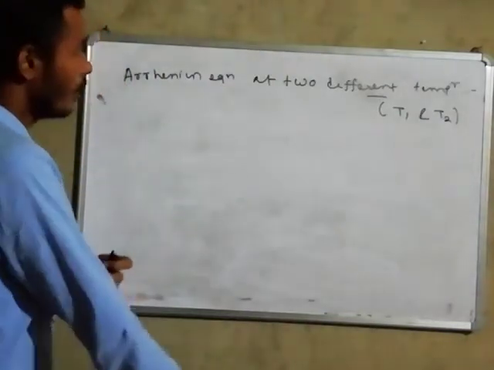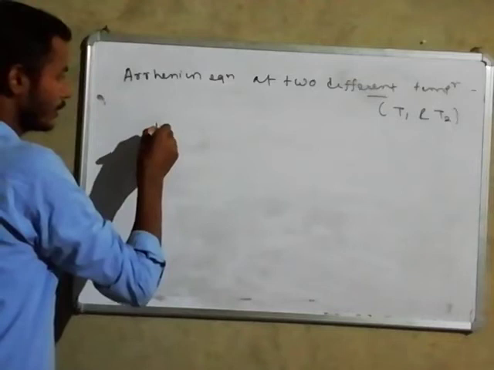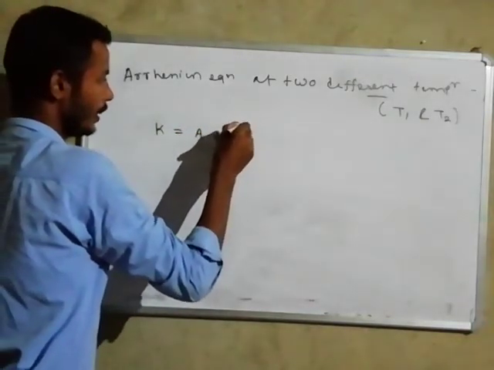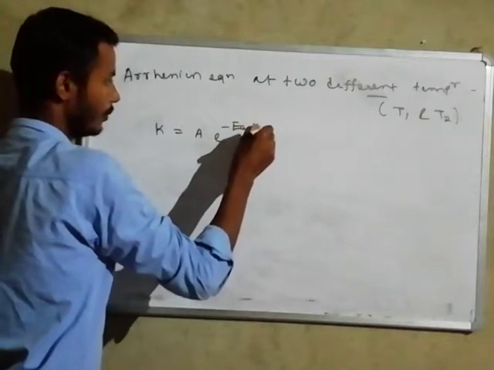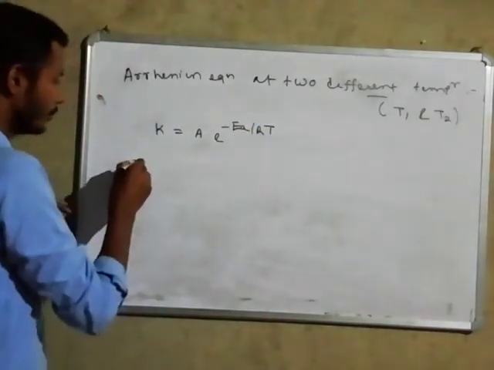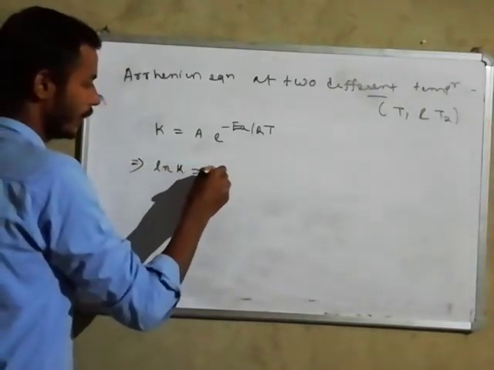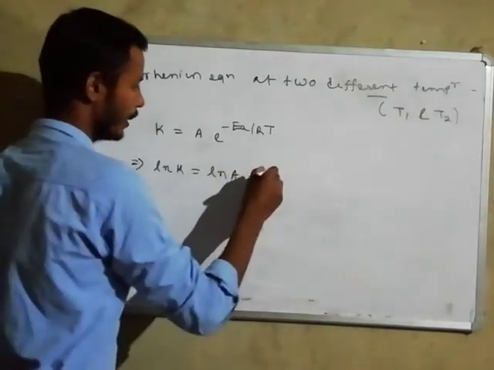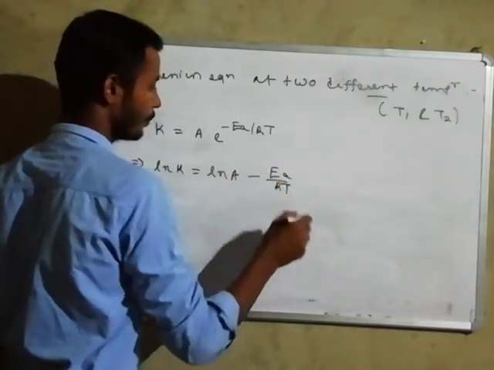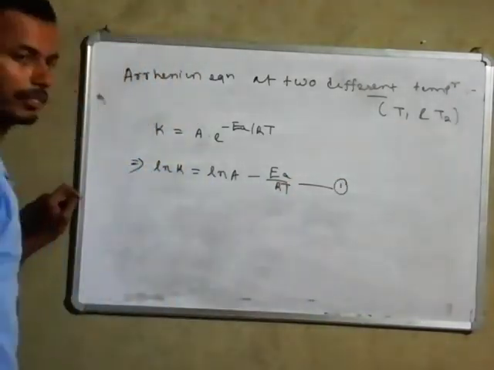Now look, what was the Arrhenius equation? k is equal to A into e to the power minus Ea by RT. And what else was there? ln k is equal to ln A minus Ea by RT. So this is the initial part of the Arrhenius equation.